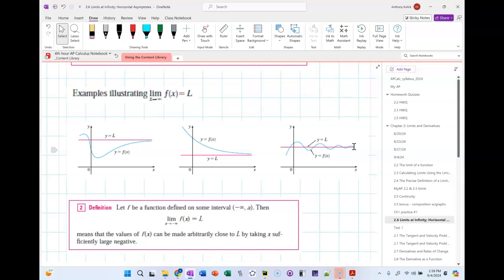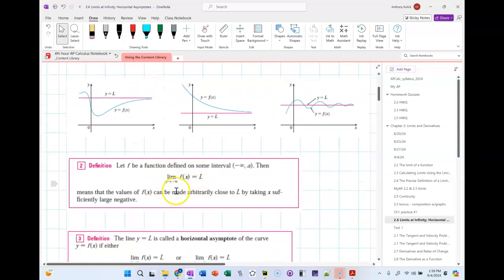Everybody's okay with that? And this would be like 1 over x times sine or something would give you something that looked like this. So we say the same thing if x approaches negative infinity.